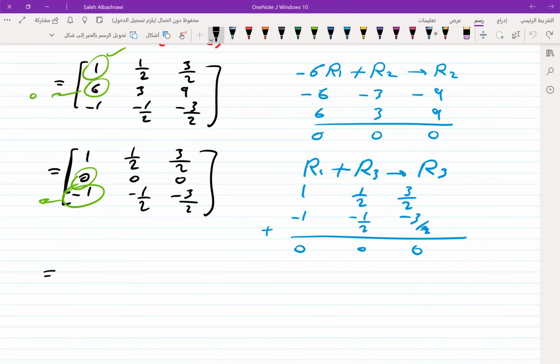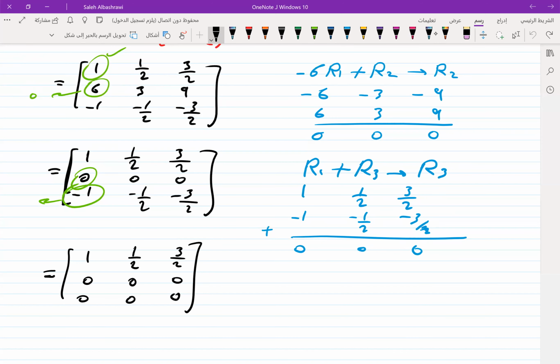So my new, or equivalent, matrix will be 1, 1/2, 3 over 2, then 0 0 0 and 0 0 0. And it's clear that we have only one non-zero vector in this matrix. The other two are equal to 0.